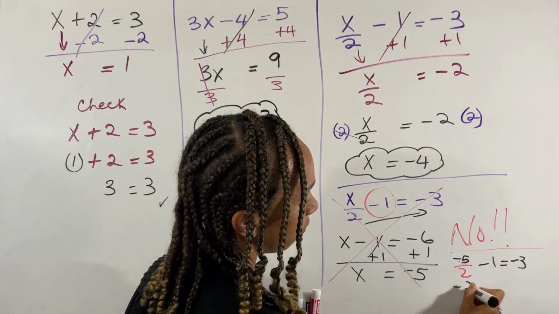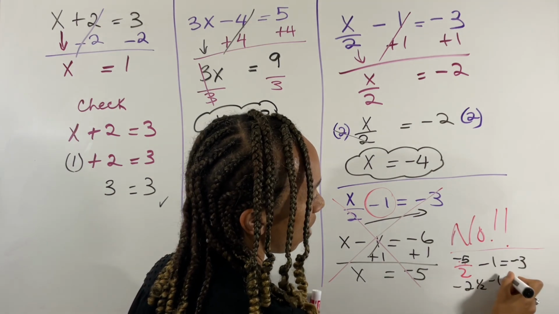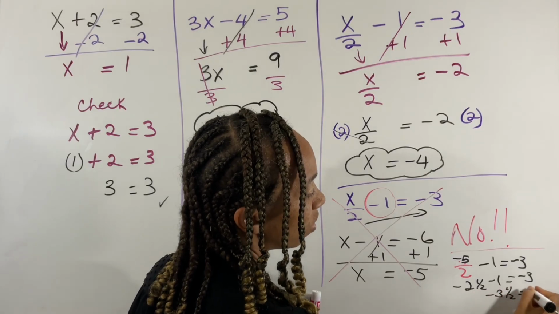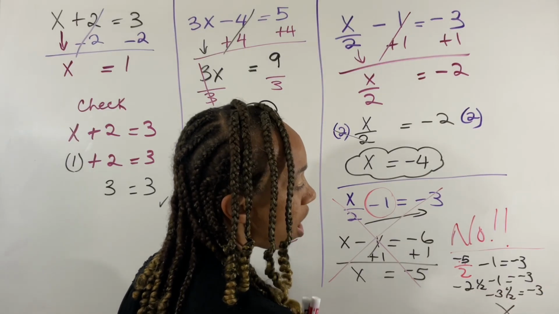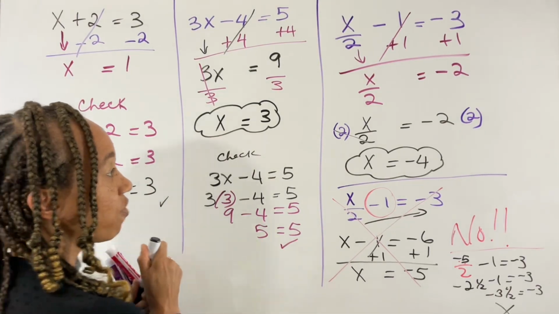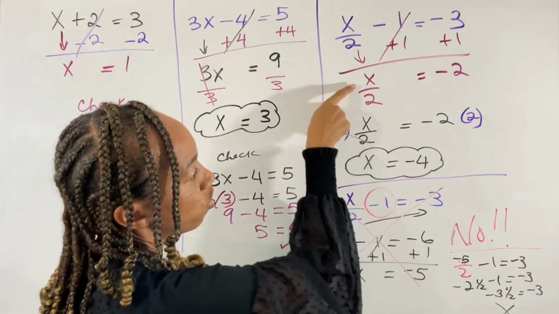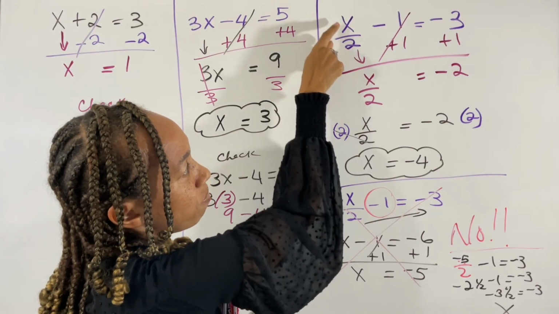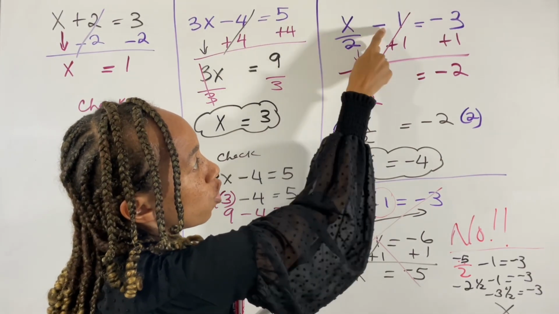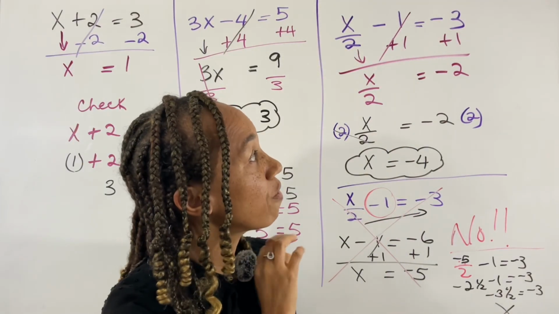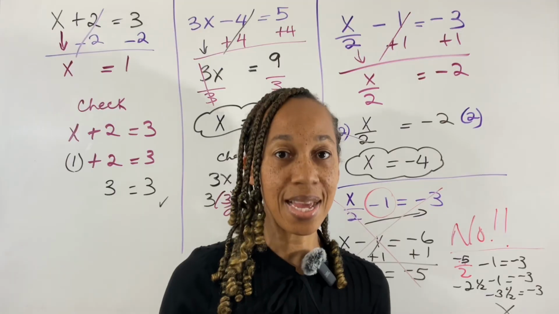You're going to have negative 2.5 minus 1 equals negative 3. This is going to be negative 3.5 equal negative 3. And see? Wrong. So that's why it's good to check your work. Whereas if you checked your work up here and you replace your negative 4 here, negative 4 divided by 2 would be negative 2. Negative 2 minus 1 is negative 3. And then you can say that negative 3 equals negative 3. And yes, that is correct.